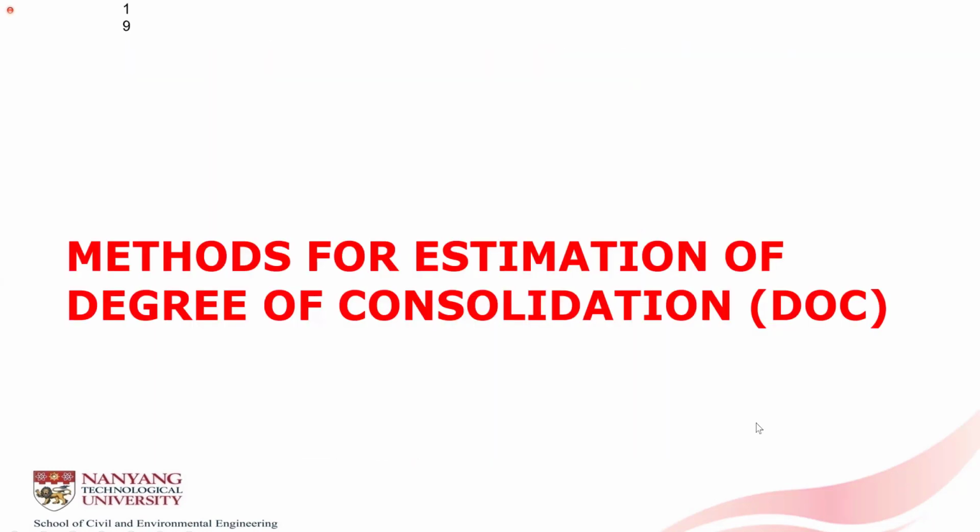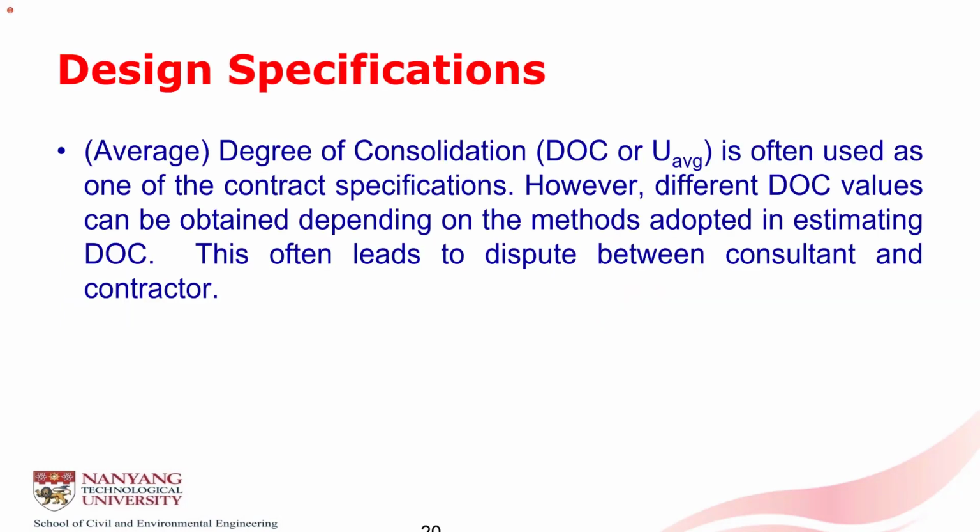Of course, today my task is not to discuss land reclamation methods, but to discuss how we estimate the degree of consolidation. And in fact, this is the average degree of consolidation. It's not the degree of consolidation calculated for a point. The average degree of consolidation is often used as one of the contract specifications.